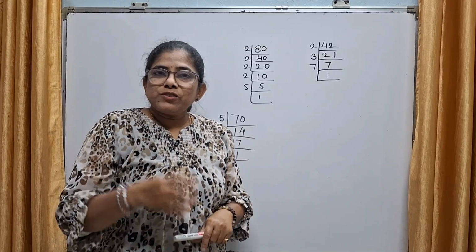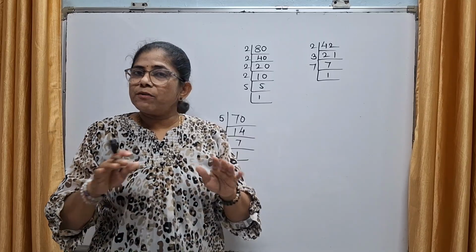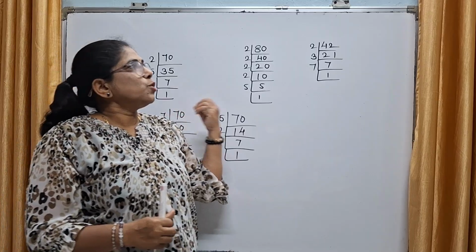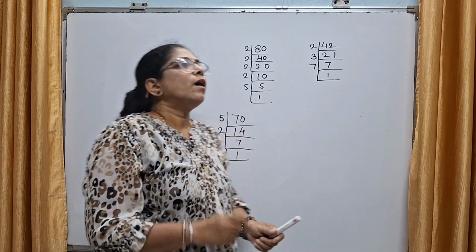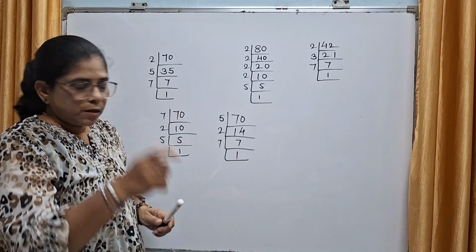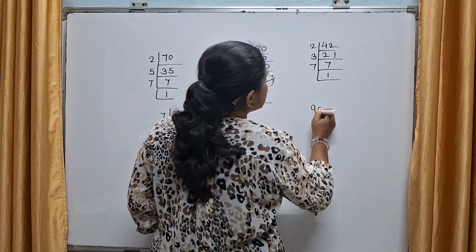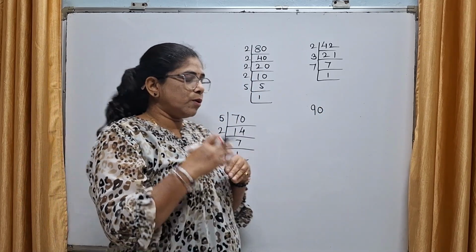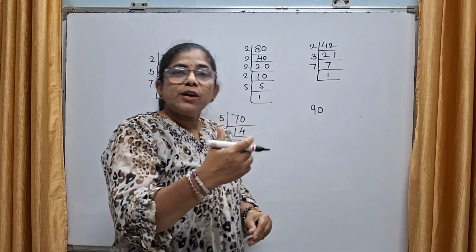Now some simple questions based on this are, they may give you one number and ask you to factorize the given composite number, or express the given composite number as the product of its prime factors. In one paper, I came across one question that 90 can be expressed as the product of its prime factors in the following way, and they gave 4 options.